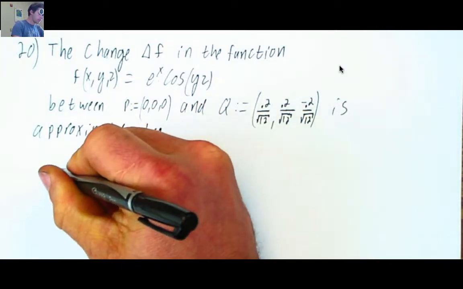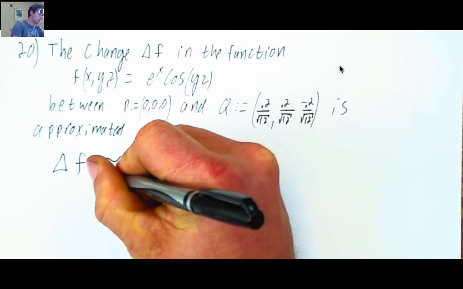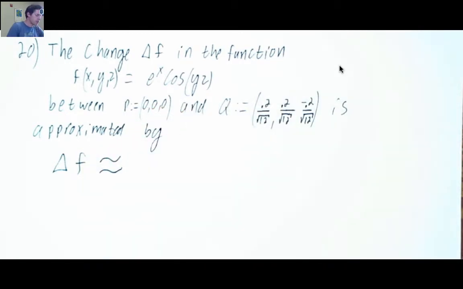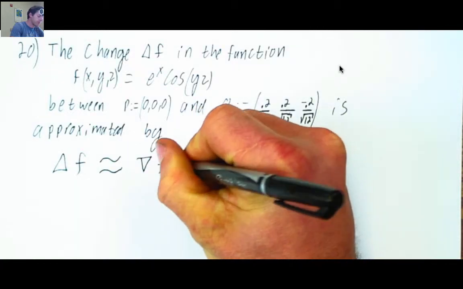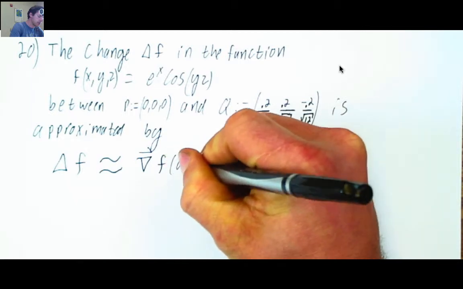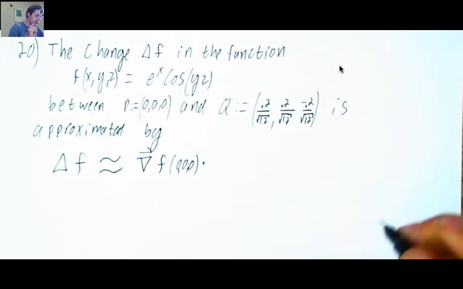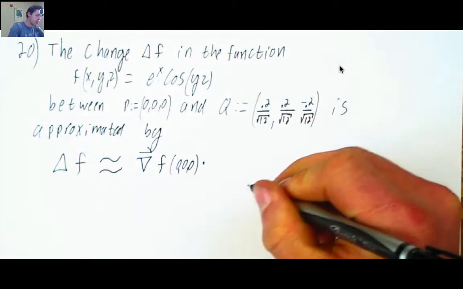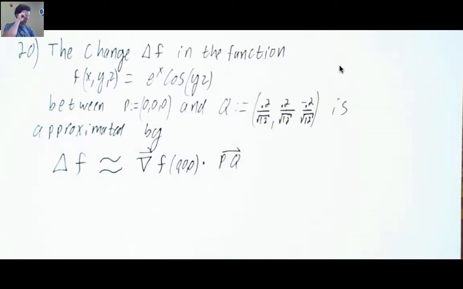Let's see, delta f is approximately, now I'm going to give this all to you all at once, the gradient of f at (0, 0, 0) dotted with, and here's something much more general, PQ, the vector from P to Q.